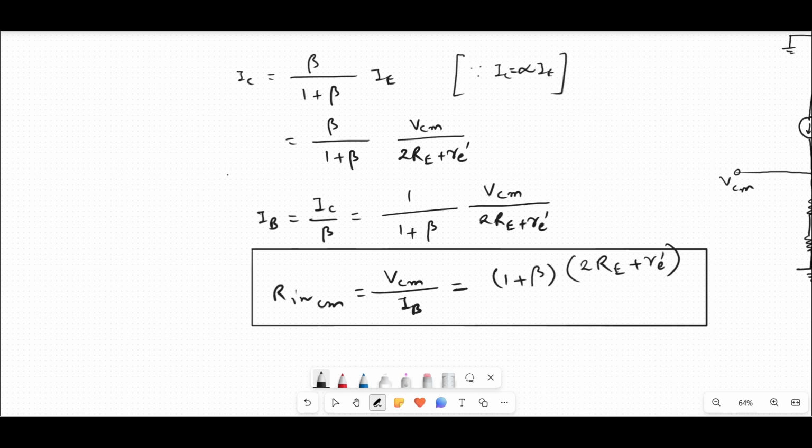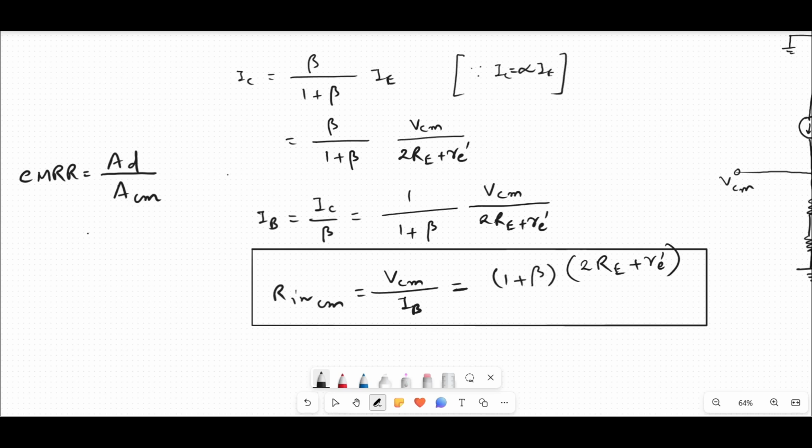Now moving ahead to the common mode rejection ratio. The common mode rejection ratio is defined as the ratio of differential voltage gain to the common mode voltage gain. So CMRR is given by differential voltage gain by common mode voltage gain.